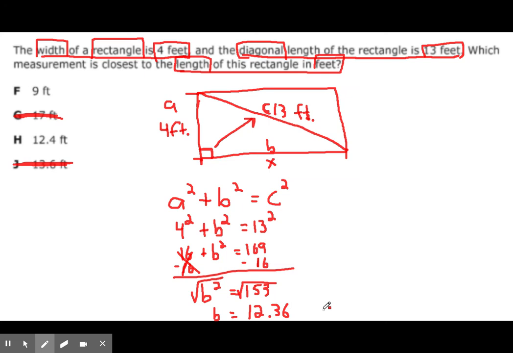So if I look at which measurement is closest, if I were to round 12.36 to the nearest tenth, I would get 12.4. So our answer is H.